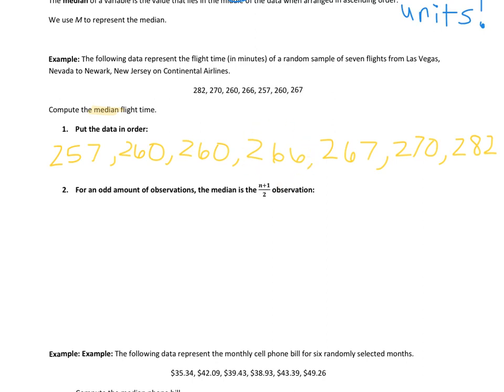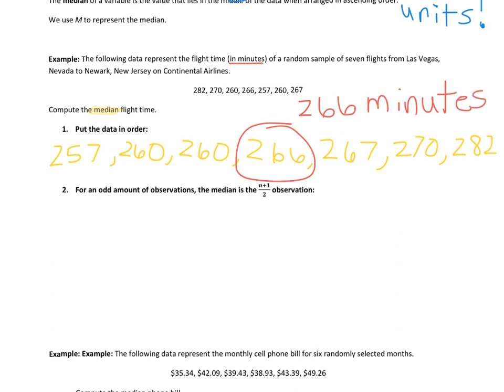So it looks like that 266 is the physical middle where we arrange the data in ascending order. So we could just say right now it's 266. And remember, any central tendency has units. It's a flight time, we're measuring it in minutes. So minutes is the unit. 266 minutes. So there you go.